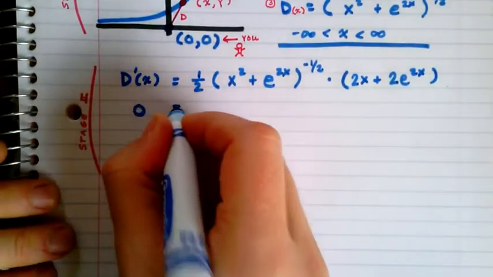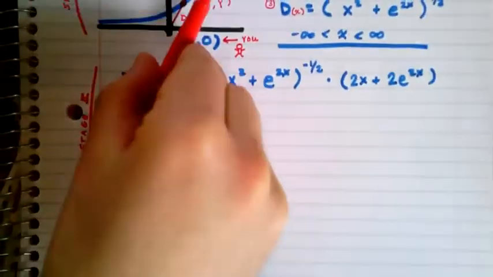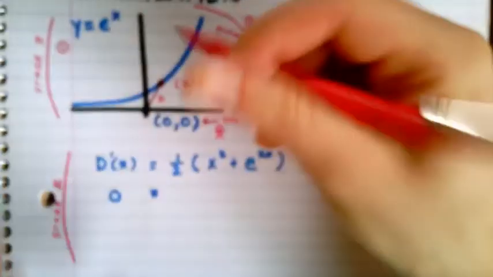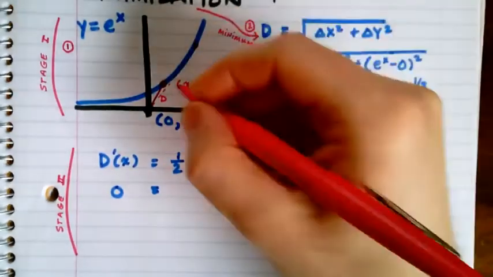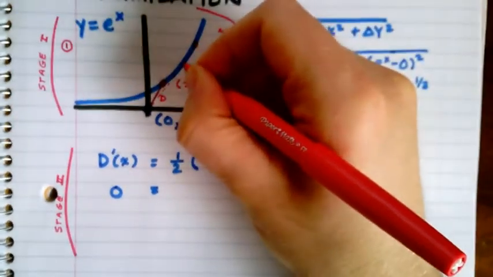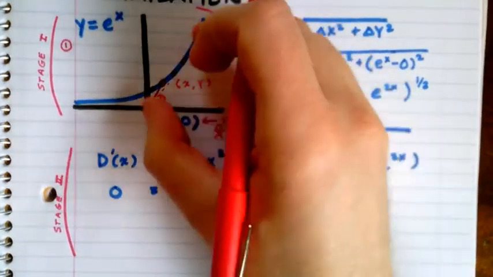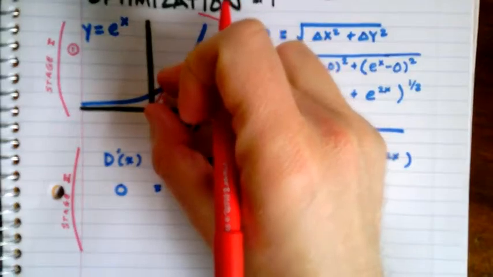The reason we want to know where this is 0 is you can imagine, you can kind of picture it here that, if you start with a point that's way over here, that distance is going to be very large. And then as we move from there to there to there to there to there, see that those distances are going to be getting smaller.